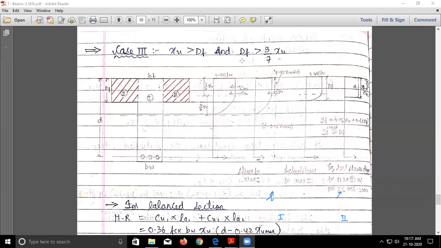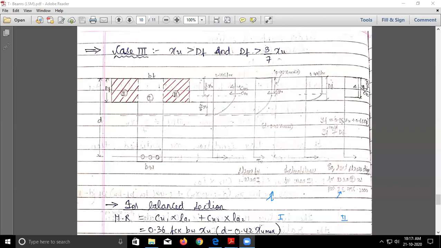The first numerical, take down the question. Calculate the moment of resistance of a singly reinforced T section having the following details.